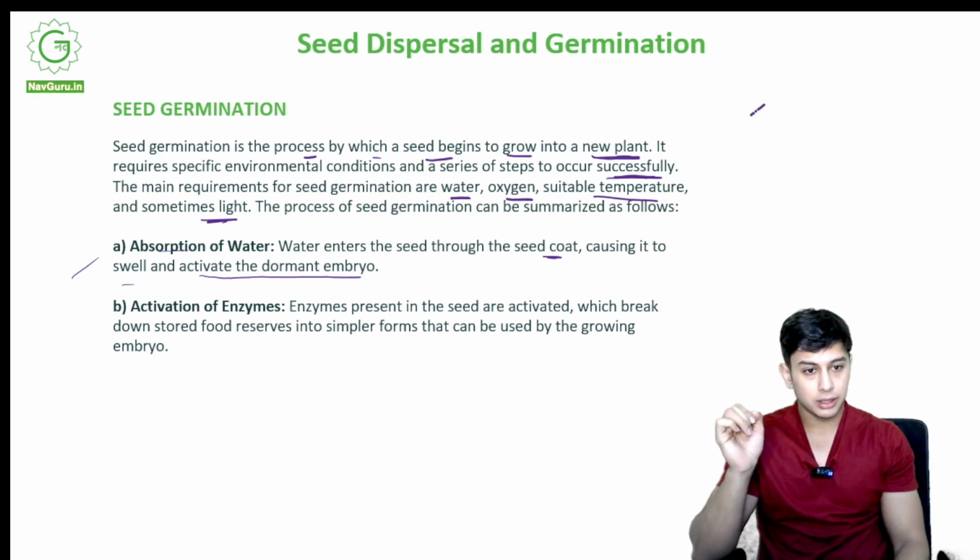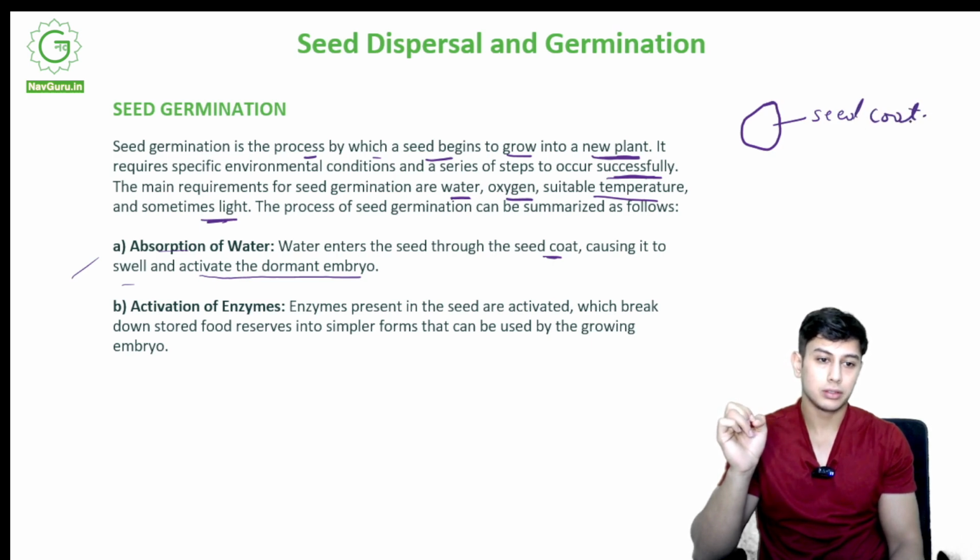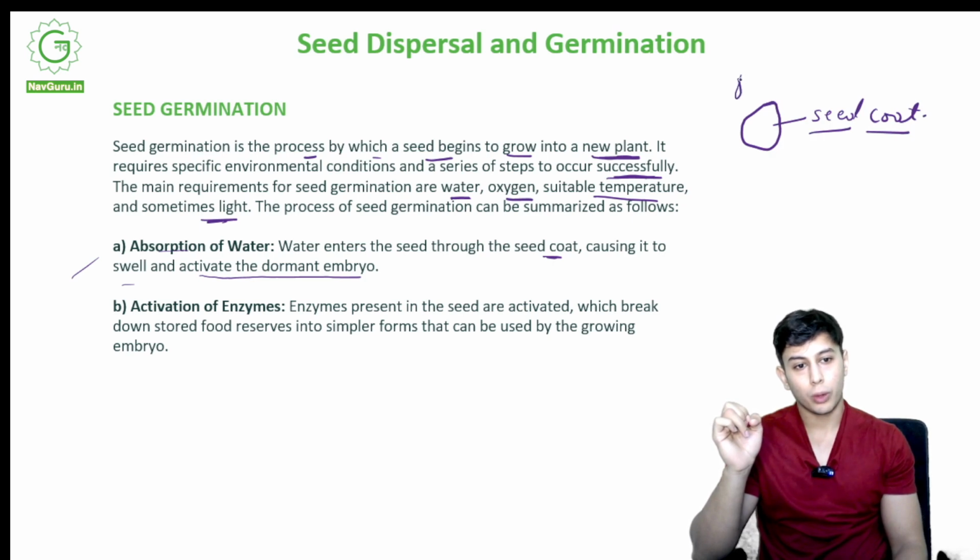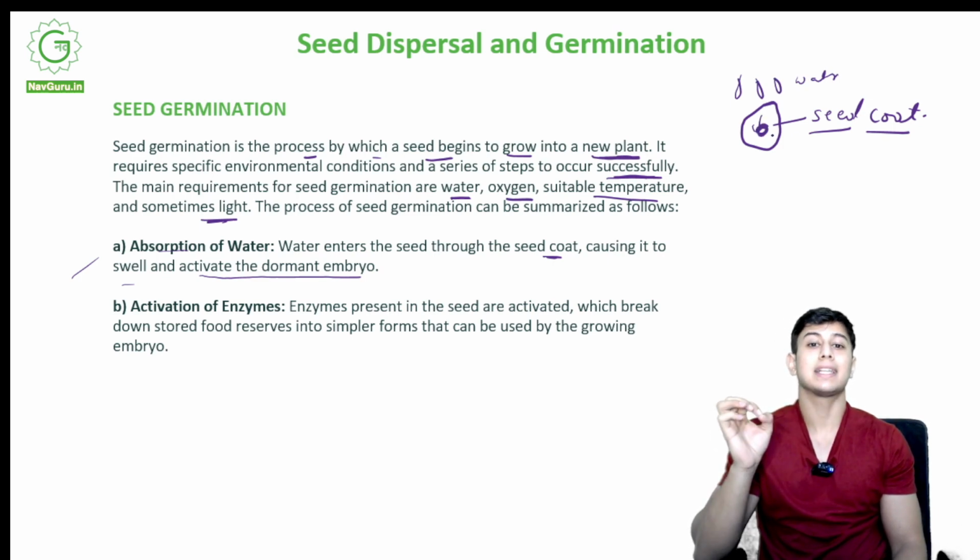Let me show you. Consider this a seed. This has a seed coat. Water droplets will fall on it. The water goes inside, and there is an embryo, that is a fertilized egg of the flower, inside it.